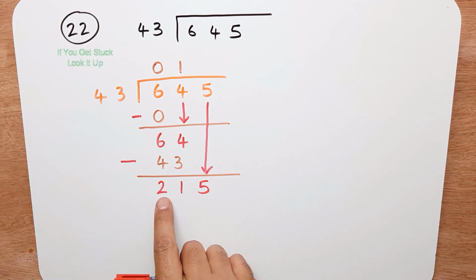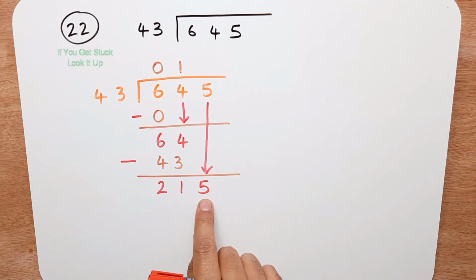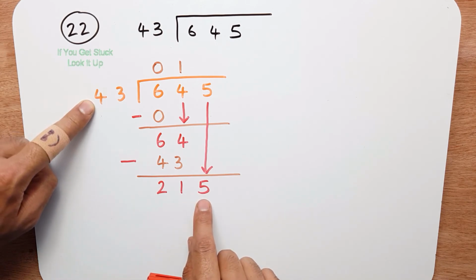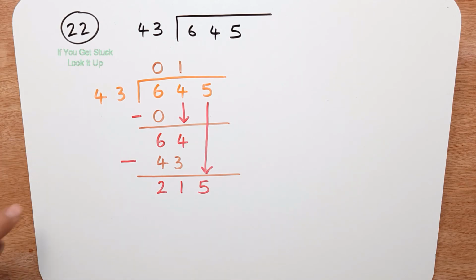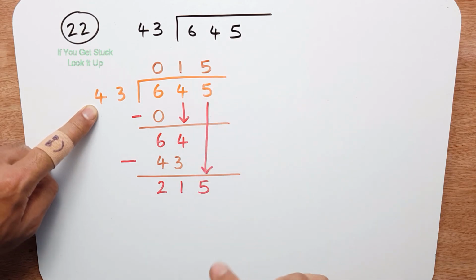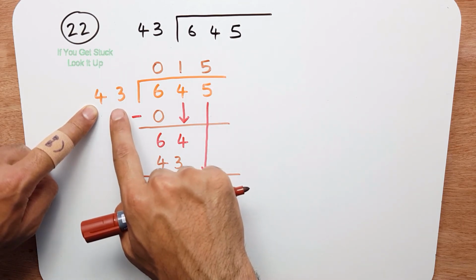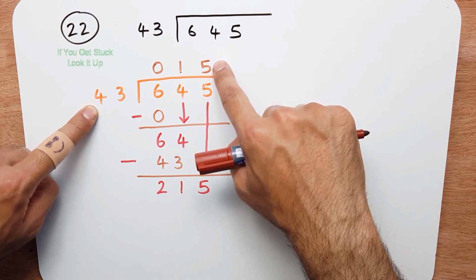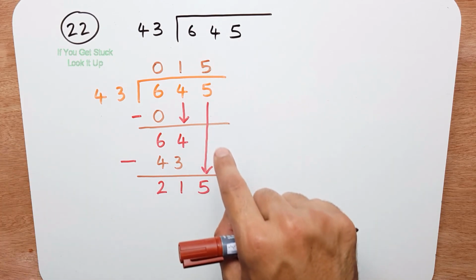So now I have 215. How many 43s are there in 215? And we did that earlier, and we said there was 5. So I'm going to write that 5 here. Now careful with this. It's 43 times 5, and we know 43 times 5 is 215.